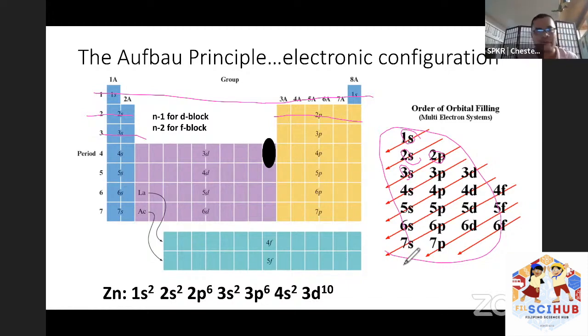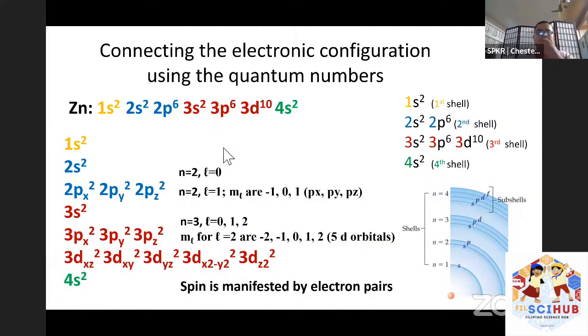Then one last thing before I go to my problems, I would like to actually interpret the electronic configuration in terms of the quantum numbers. Syempre, I mean, kailangan i-connect na natin yung topics na yon, okay? Okay?